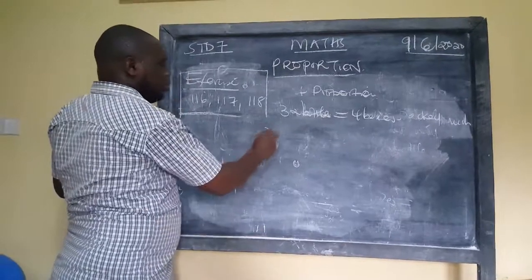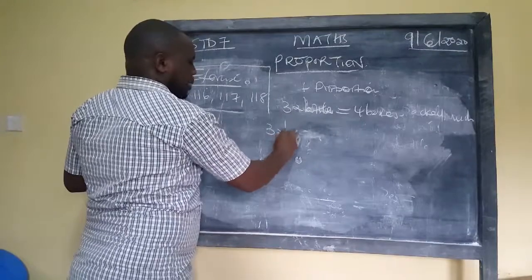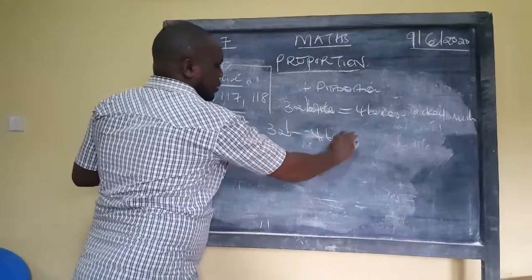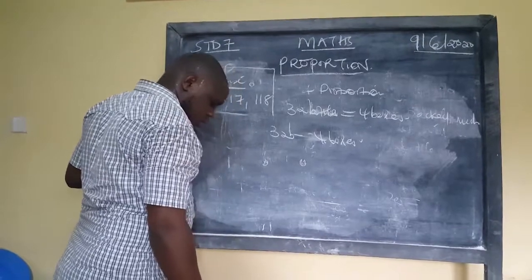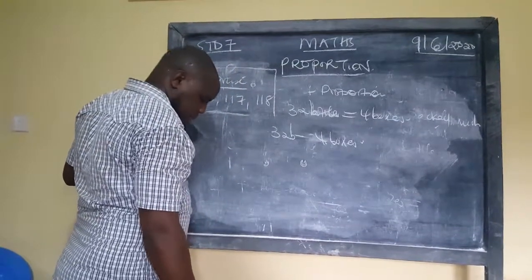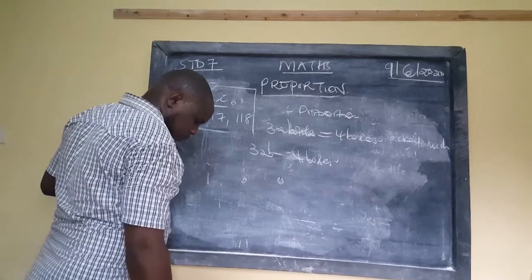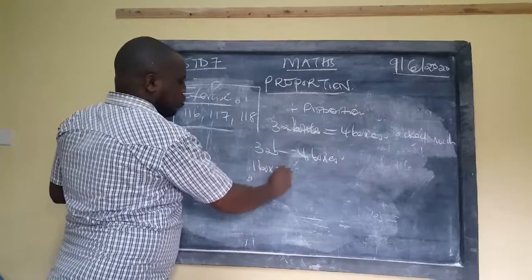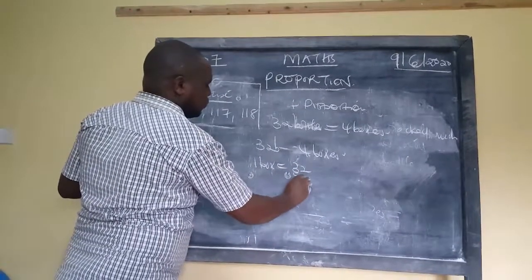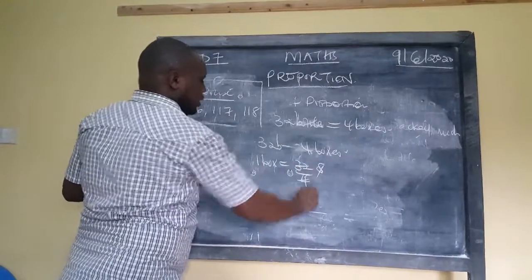So if 2 bottles are packed in 4 boxes, then in one box we can pack 2 out of 4, which is 8.